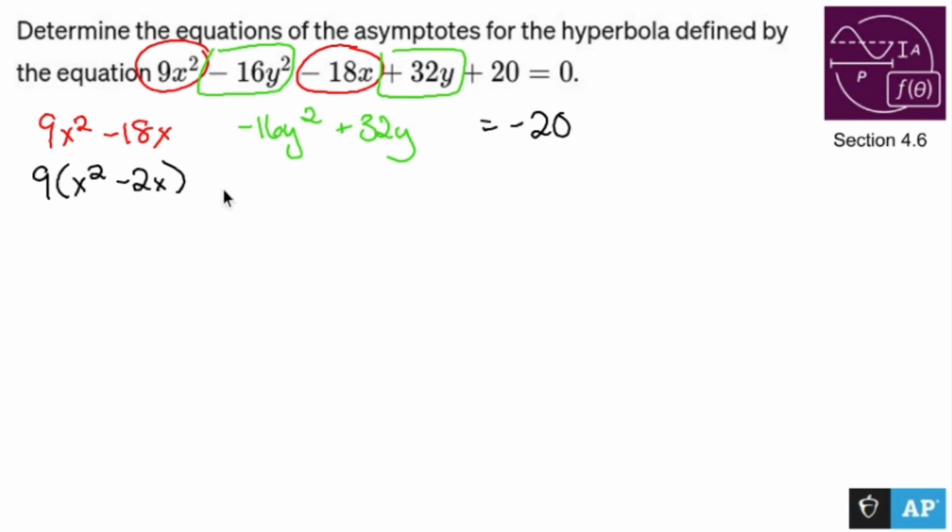That's where our negative comes from. So minus 16 times y squared minus 2y equals negative 20.